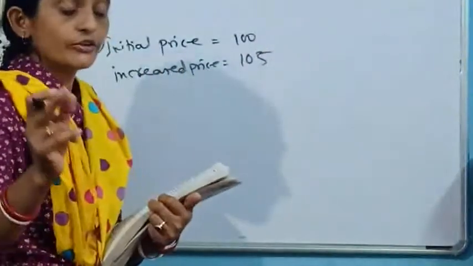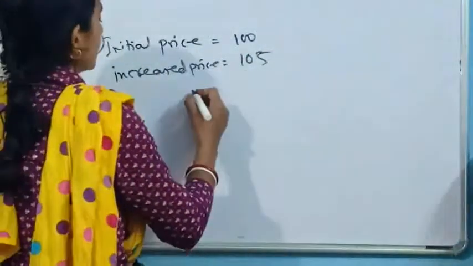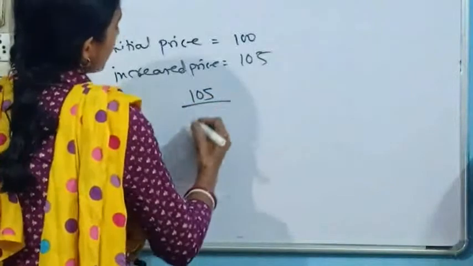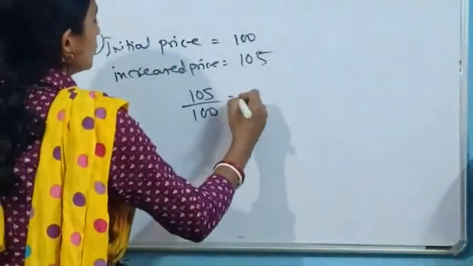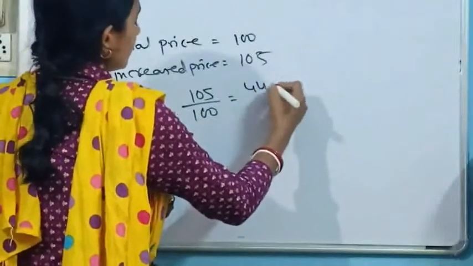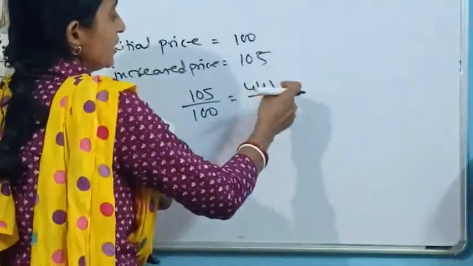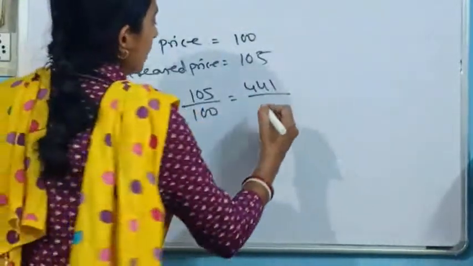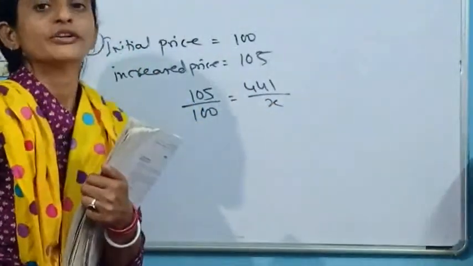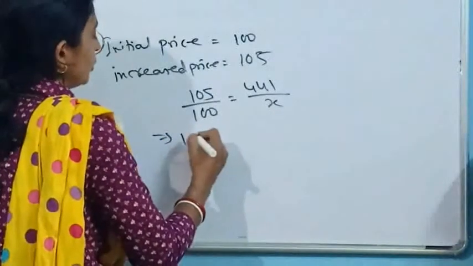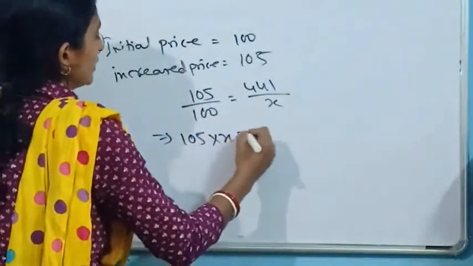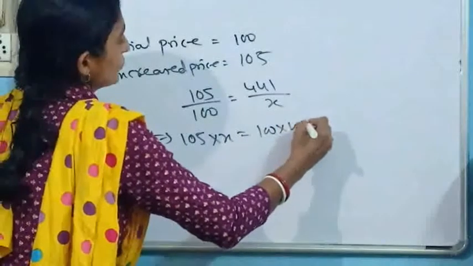Now if I am presenting this in ratio, what can I write? The increased price by the initial or original price. Here it has been given the actual increased price is 441 and we don't know what was the original price, so let's go for cross multiplication. What are you getting? 105 into x equal to 100 into 441.